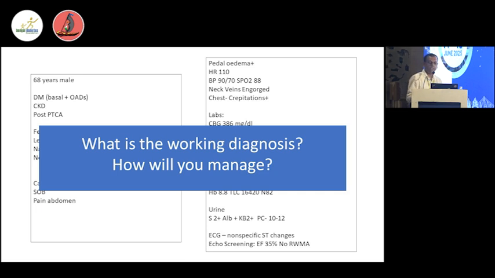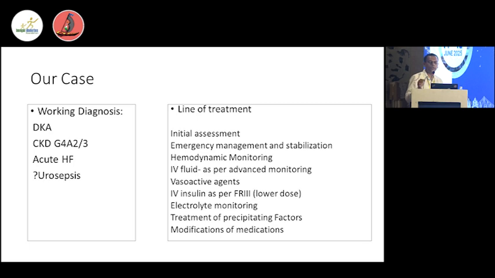The line of management is mostly that we should stabilize the patient and go for proper hemodynamic monitoring. We should be a little bit guarded when giving IV fluid, and the rate and the type of IV fluid should be determined by the hemodynamic monitoring and the blood glucose level.